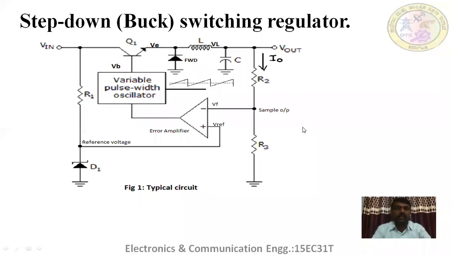Let us discuss what is step down switching regulator in detail. These are the components used. What are the components and what is the role of each component? Let's see. So this is the main transistor used as switch.